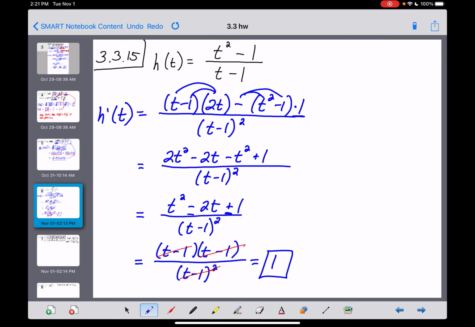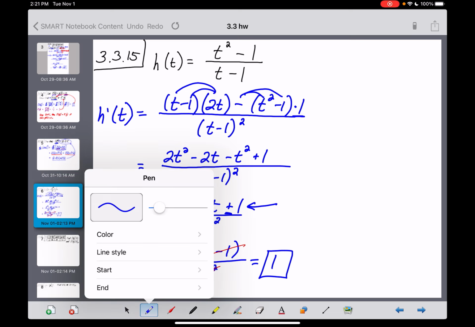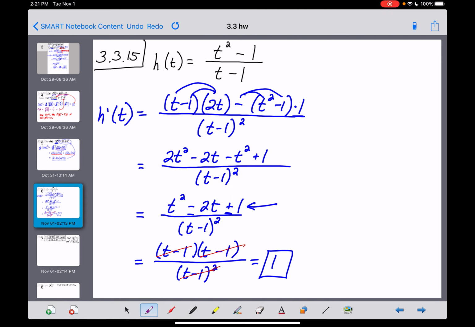Now, the fact that this numerator canceled and that this expression simplified tells me there was probably another, maybe smarter way of doing this problem. And to figure that out, guys, that is what they're getting at with the second thing they asked us to do here, which is to simplify the function algebraically. If you notice here, I'm back up to the original function, t squared minus 1 over t minus 1.